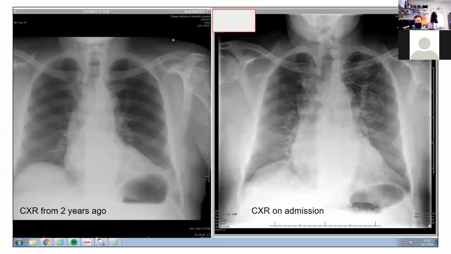And then I looked back at his chest x-ray too. Over on the left here is his chest x-ray from 2 years ago, and you can see it's pretty clean. But then you look at his chest x-ray on admission, and he did have interstitial edema. You can see that his pulmonary vasculature goes out pretty far to the periphery.